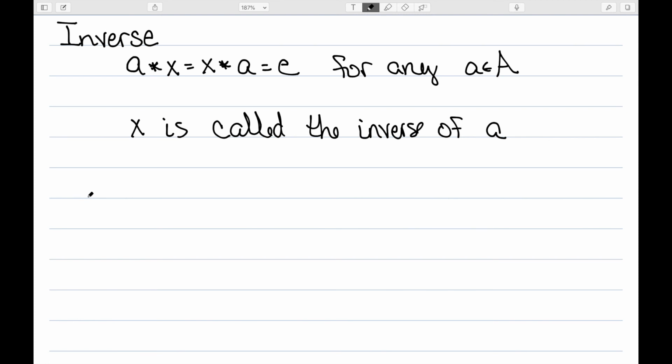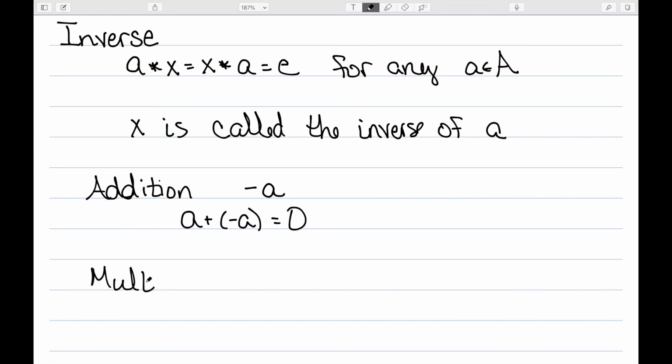As for some examples, if I want to consider addition, my inverse is negative A, since I know that A plus negative A is 0, which was my identity for addition. If I want to consider multiplication, it would be 1 over A, since A times 1 over A is equal to 1, which was my identity for multiplication.